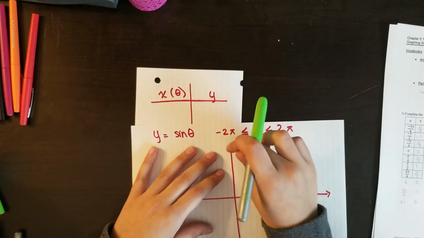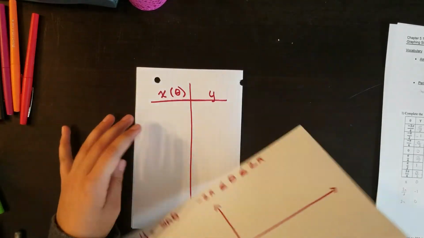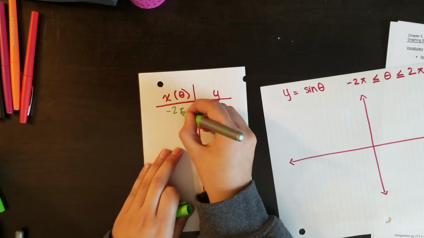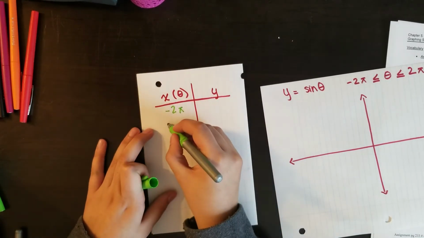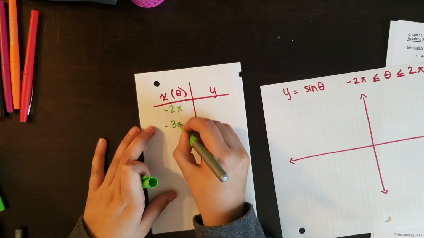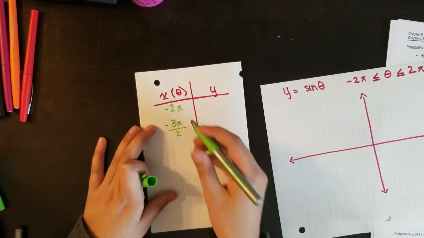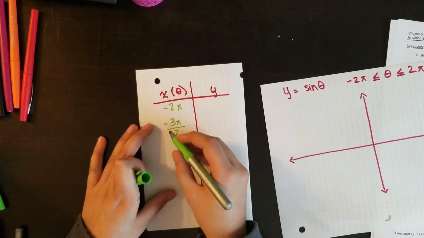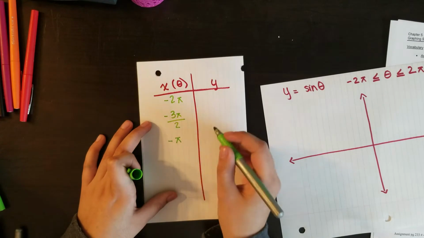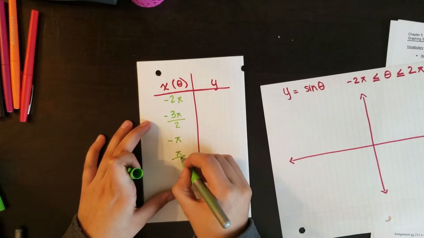So the first thing I'm going to do is include negative 2 pi. I'm going to write out negative 2 pi. My next point is going to be at 270 degrees, which is negative 3 pi over 2. Then I'm going to have 180 degrees, which is negative pi. Then I'm going to have 90 degrees, which is negative pi over 2.